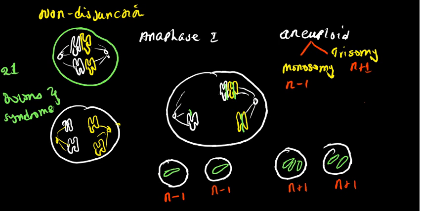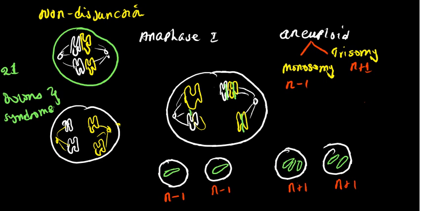So this is when there's non-disjunction in meiosis 1. When there's non-disjunction in meiosis 2 now, it is the failure of these sister chromatids to separate. Meaning that in that case, Anaphase II is going to be completed just normal.